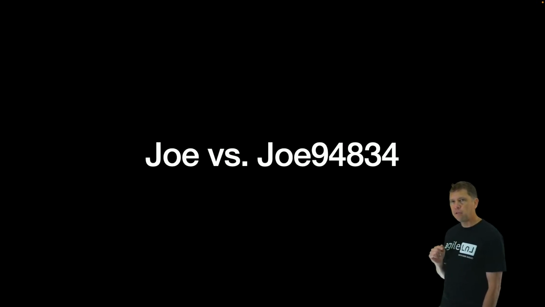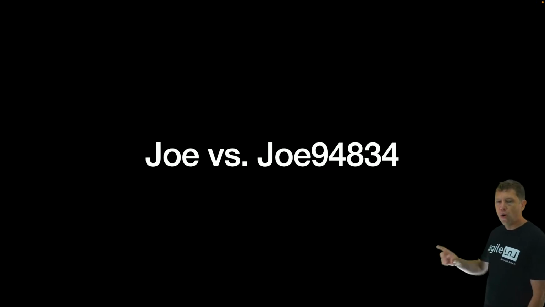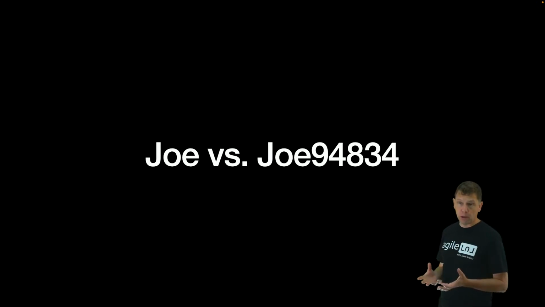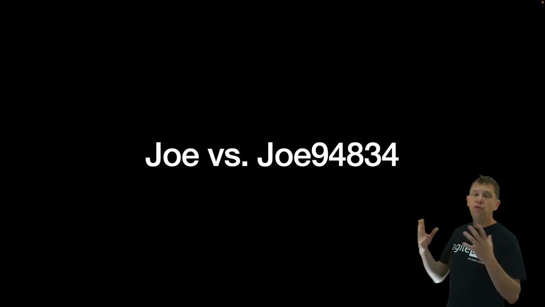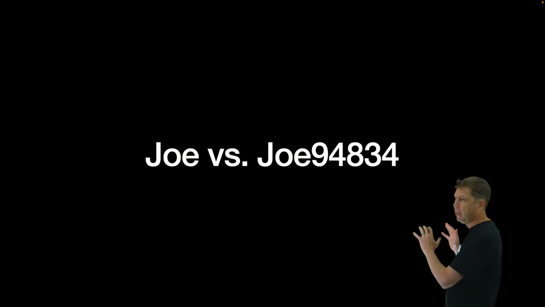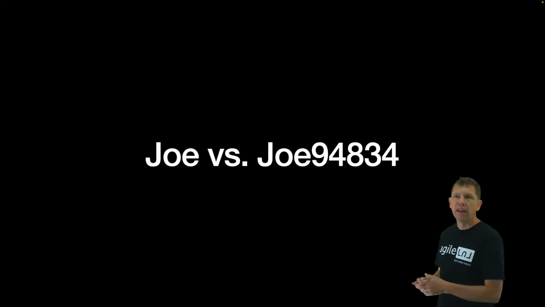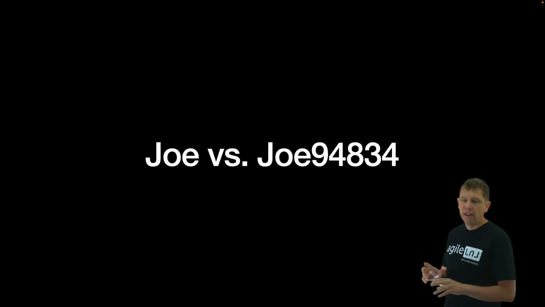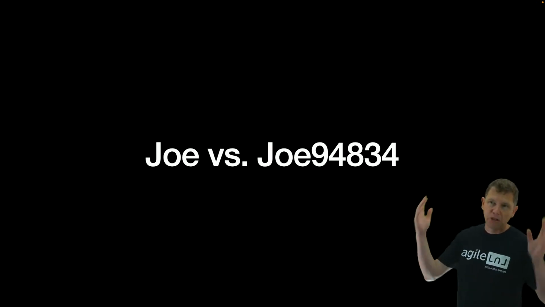So in this case, instead of creating Joe, we might create Joe with a random number at the end of it. I've worked on some teams that really embraced this, and they were able to do some really incredible things. They built into their process that everything had a little bit of a random number attached to it. So in theory, all their tests could run simultaneously.